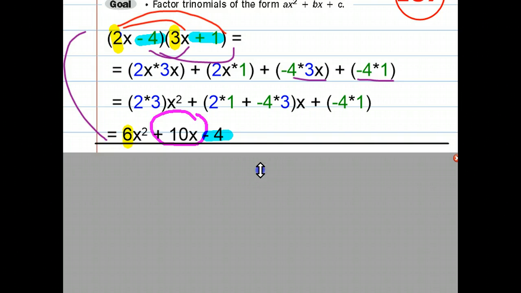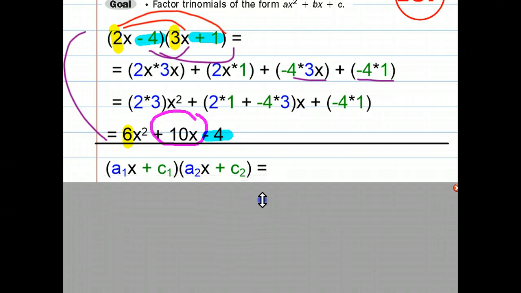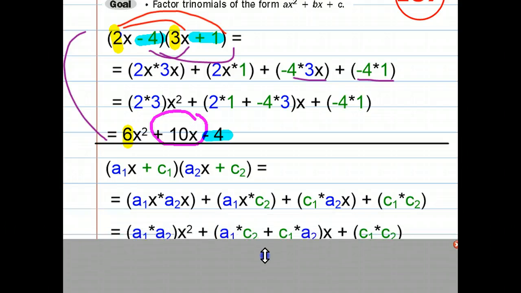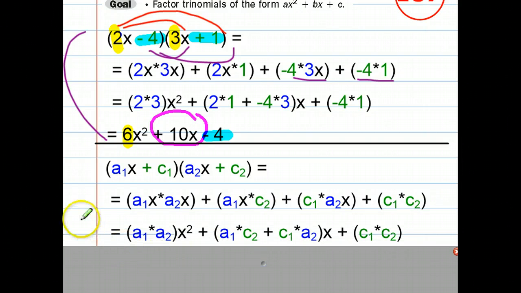So first and foremost, let's take a look at the general form. If I have two numbers, a1 and a2, and another set of two numbers, c1 and c2, that work together the exact same way as before, then in order to get that first term, my a, I multiply these two numbers together.